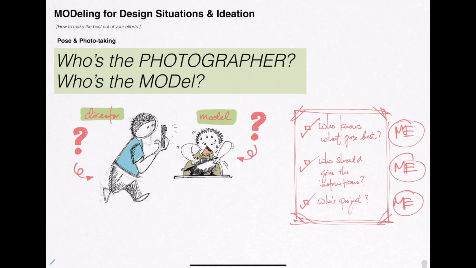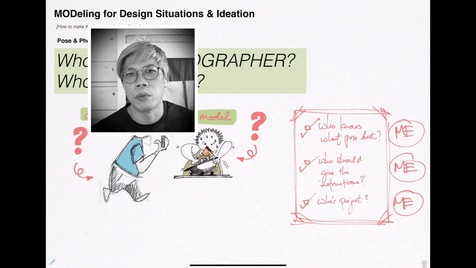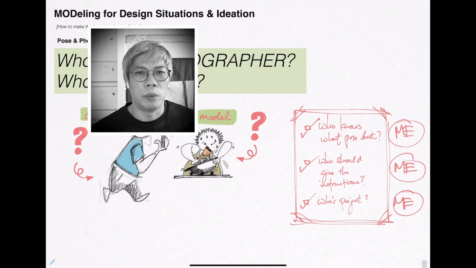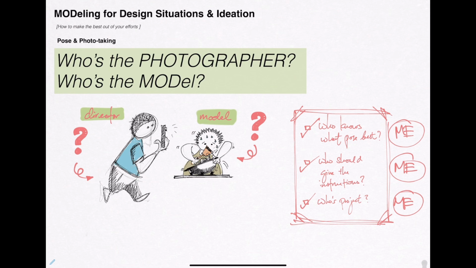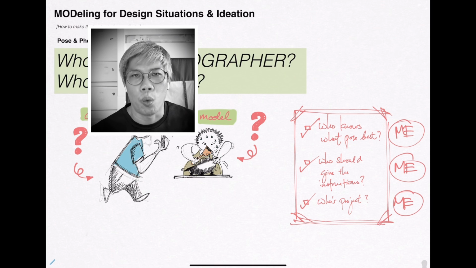And so what do you do? You get your friends to hold the product, your model, or if it's in a situation, get the products, get your friend ready, give them the instruction, tell them how to stand, tell them how to move, tell them what they should be doing before and after, and then you, the director, you take the shots and you call the shots. So the person taking the photo shall be the director, telling the model what to do.